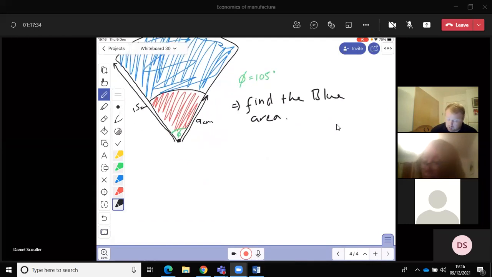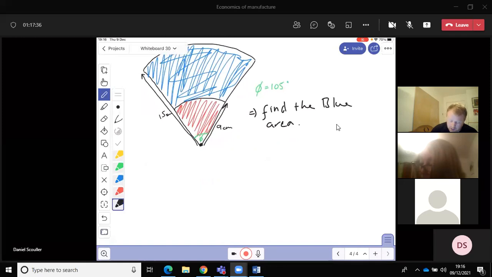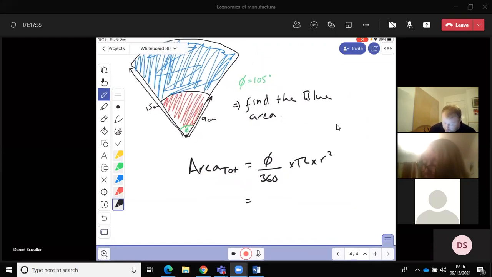So the total area, the radius is going to be 15 centimeters. So area total equals angle over 360 multiplied by pi multiplied by r squared. So it's going to be 105 over 360 multiplied by pi multiplied by 15 squared.